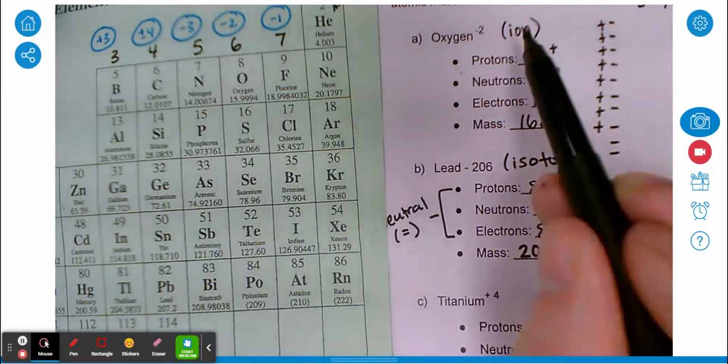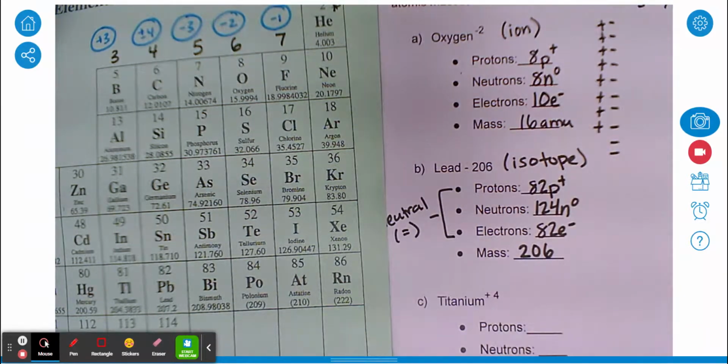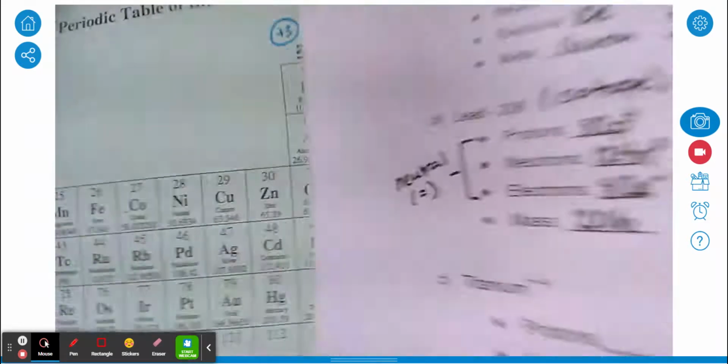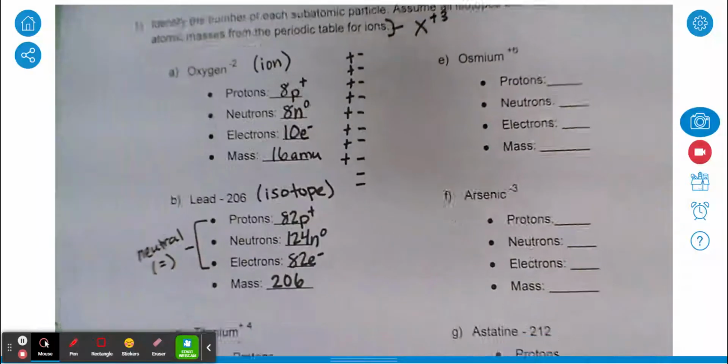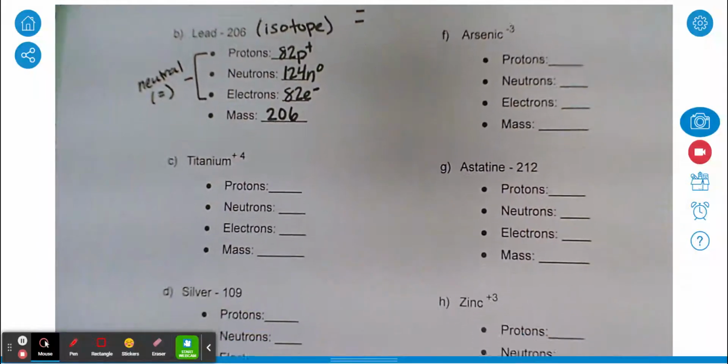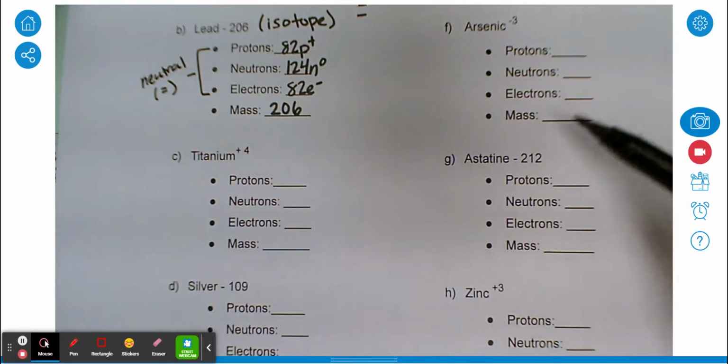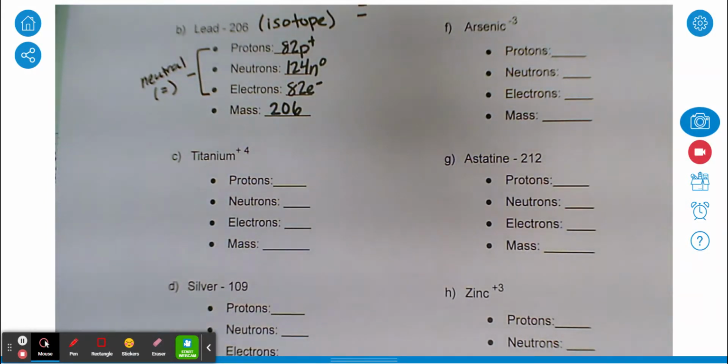Find the prompt, figure out if it's an ion or an isotope, follow the examples from there. Okay. Fairly straightforward, just be careful. Watch out for ions versus isotopes.